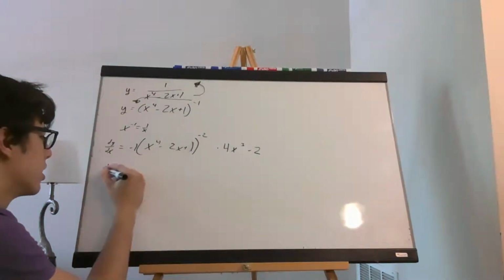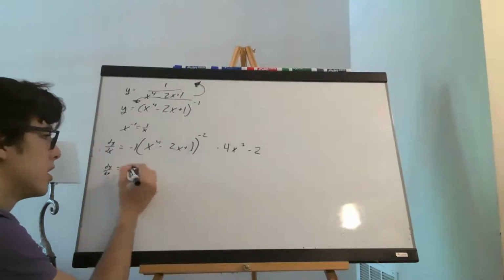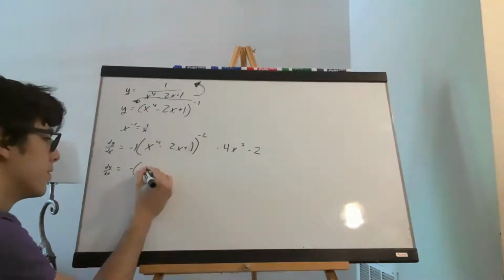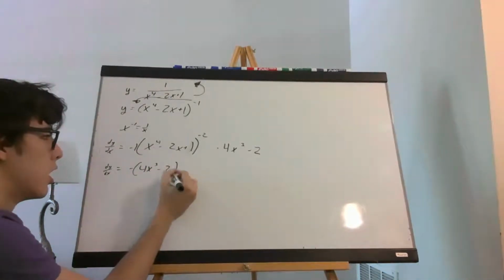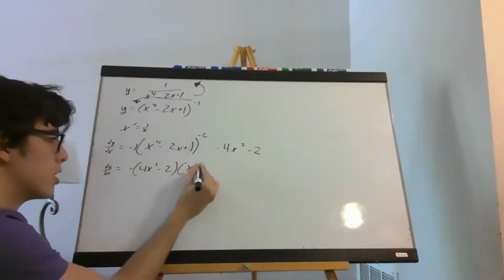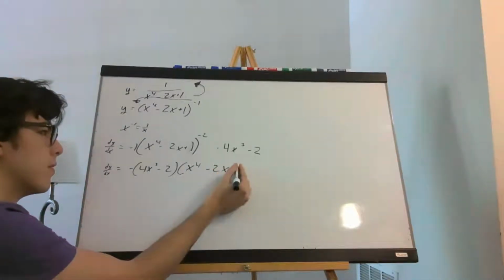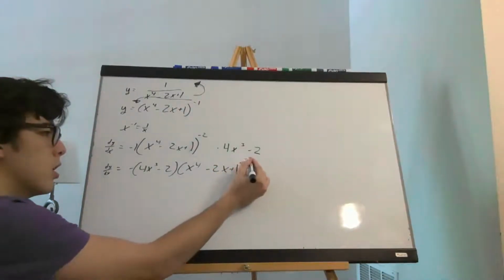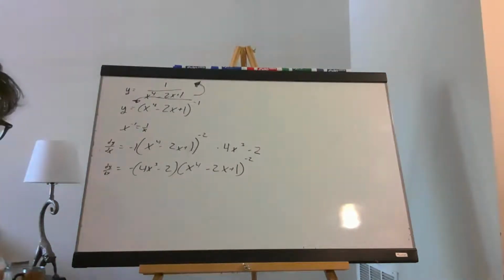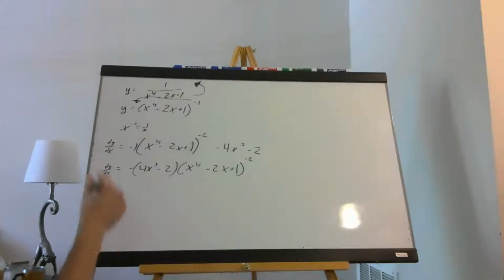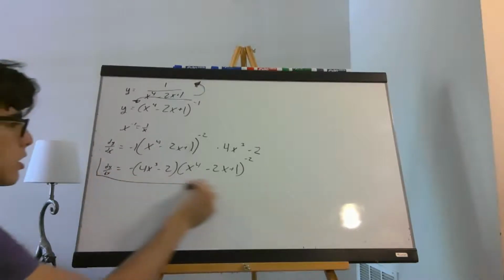So dy/dx, you could express it as the product of something like that. Okay, that actually does look pretty visible from here, so I'm going to keep working it. So this is actually the final answer right here.